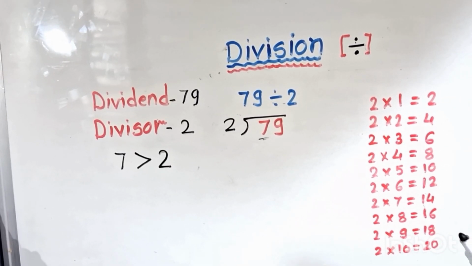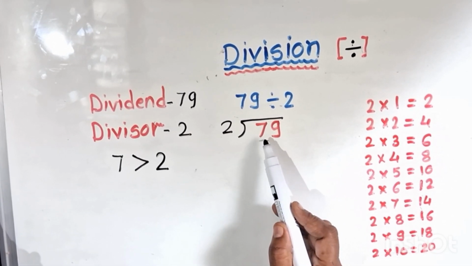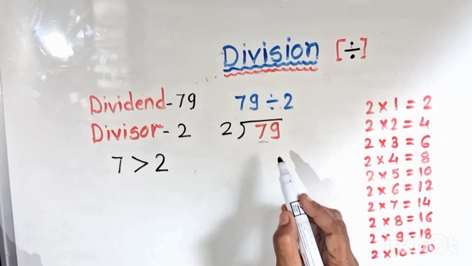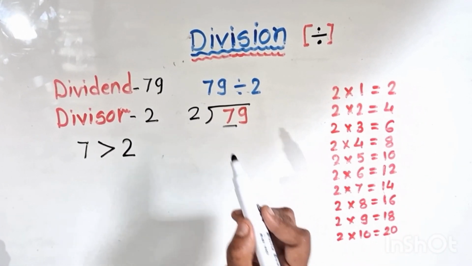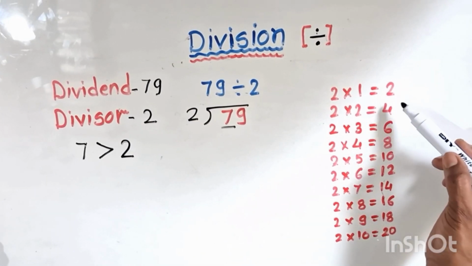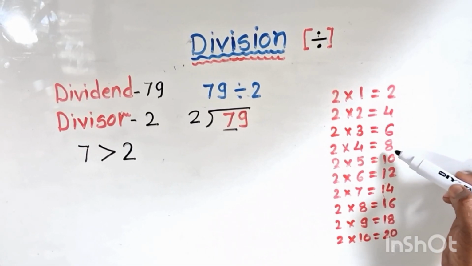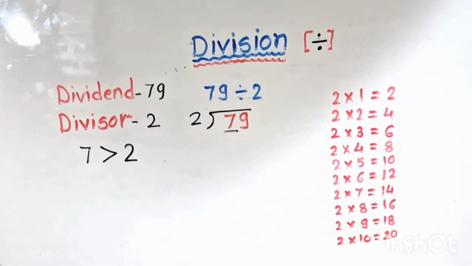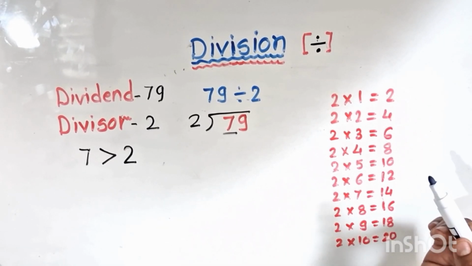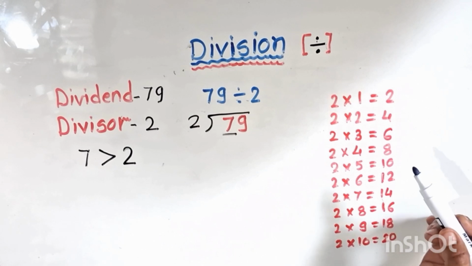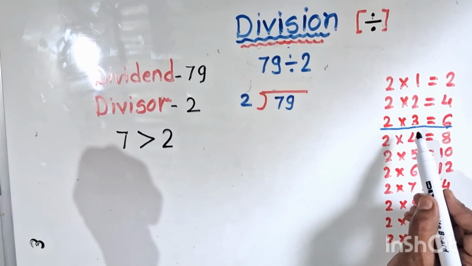Now, you have to find the number in the table of 2 which is less than 7 and nearest to 7. 8 is greater than 7, so we cannot subtract that 8 from 7. That number is 6. That means 2 threes are 6.